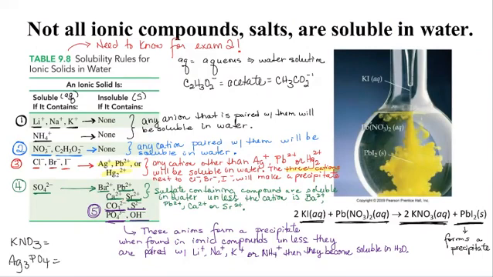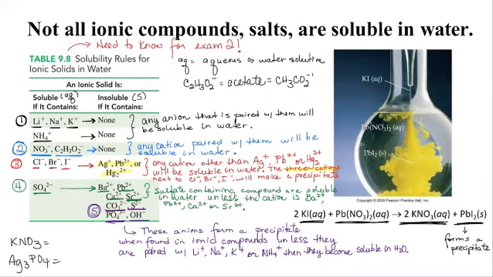Let's get started with the first one, which is Ag3PO4. So do we put an S for solid next to that silver phosphate, or do we put an AQ for aqueous? What is that? Is that soluble in water or insoluble?